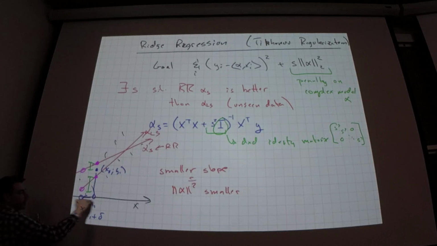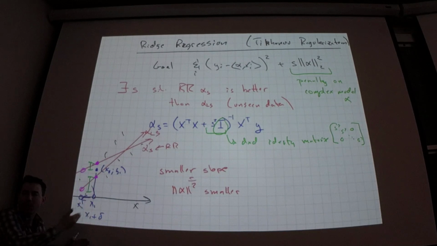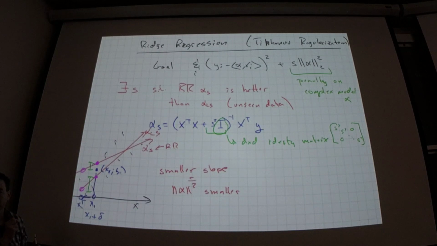So for instance, this model is predicated on the noise only being in the y direction, but if there was noise in the x direction, this is more stable. It's changing the prediction less. That's one of the reasons why this ends up doing better, because it's going to bias towards smaller slope models, and those are going to be more stable with respect to error in the x direction.